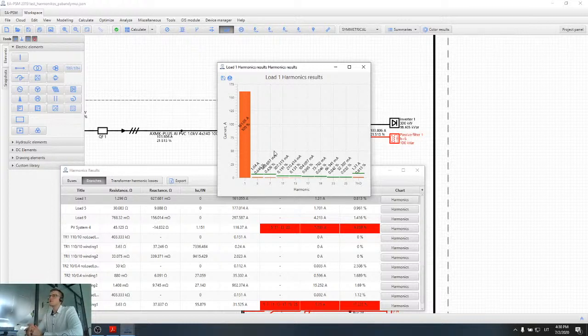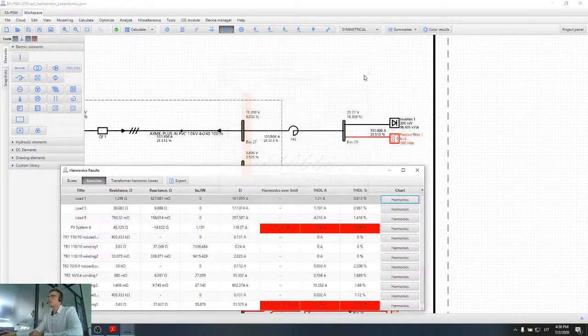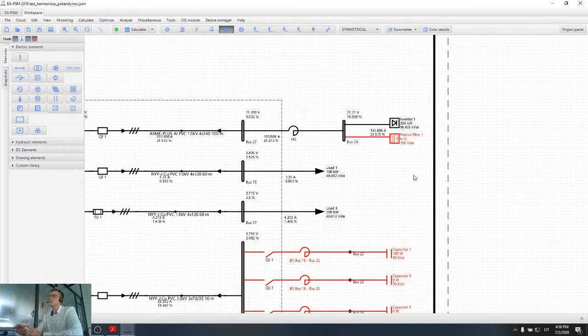The bigger the short circuit current, the bigger the permissible limit. So in our software, in order to determine the harmonic limit, we also do a short circuit calculation to estimate how powerful the network is, and according to that we decide what the permissible limit is based on the standard.